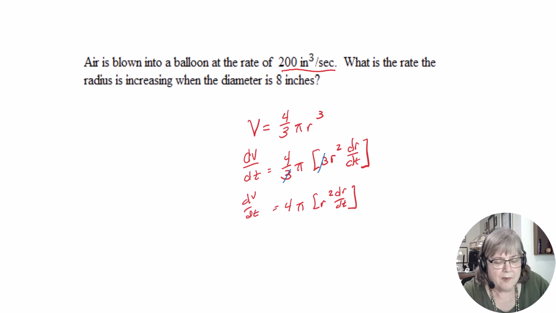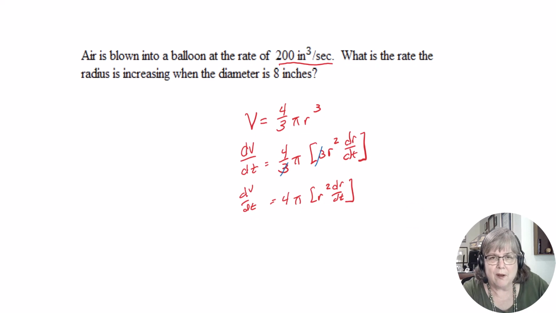All right. Now, let's see how much of this information we know. What is it that we're actually being asked for? That might be where you want to start. And you go, right, this is what I'm asked for, so I'm not expecting to see information on that. But that means that somewhere hidden in this problem statement must be a value for r and a value for dV/dt. Otherwise, there's too many unknowns.